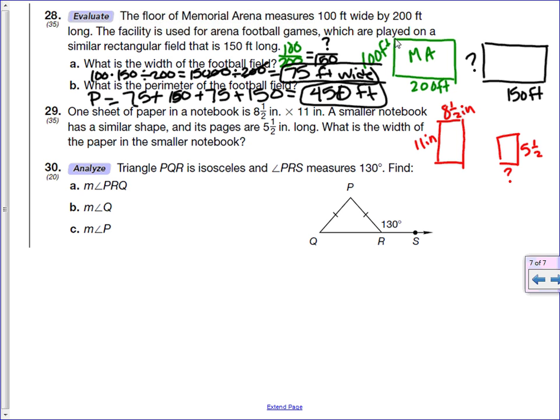So again, we can set up a proportion. Another thing that we could say is, well, to go from this side to this side, I multiply by 2, because 5.5 times 2 gives me 11. So this number times 2 must give me 8.5. So what number times 2 gives me 8.5? That would be 4 1/4.